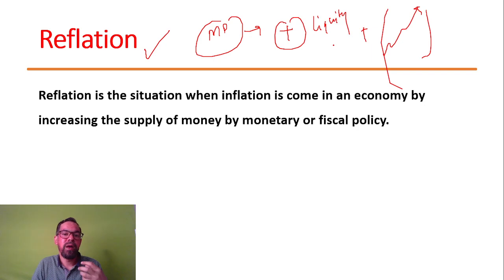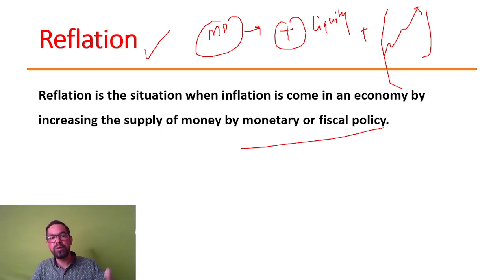If through the budget the government is increasing their spending, that definitely leads to higher inflation in the economy, right? So reflation is a situation when inflation comes into an economy by increasing the supply of money through monetary or fiscal policy. If there is more liquidity, spending will go up, so the prices will definitely go up. That is called reflation.